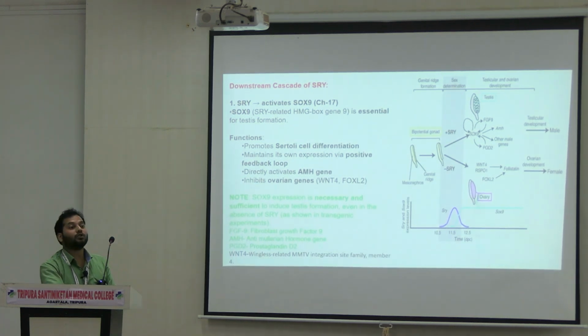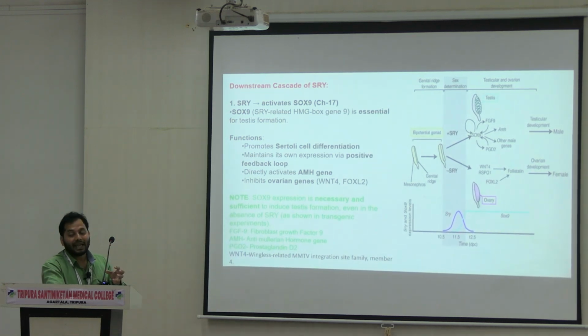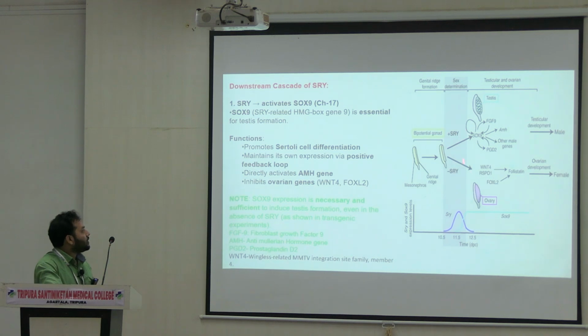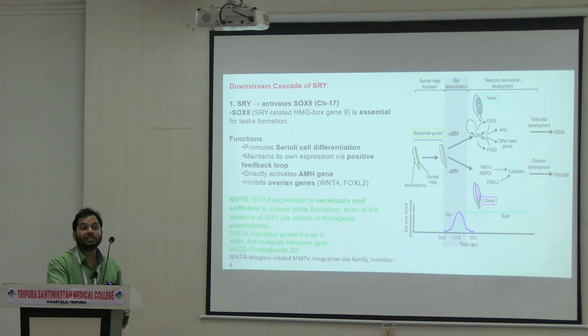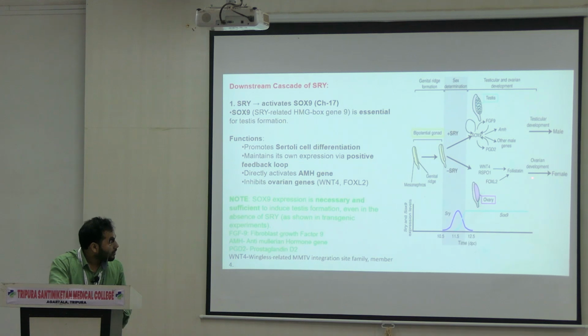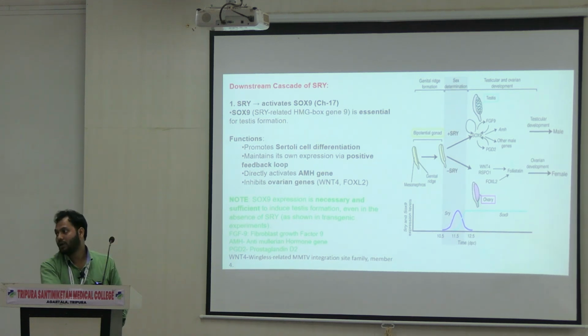So now the question is, what are those genes that are inhibited by SOX? See, SOX inhibits WNT4, RSPO1 and FOXL2. They are all genes whose expression is required for the female pathway.